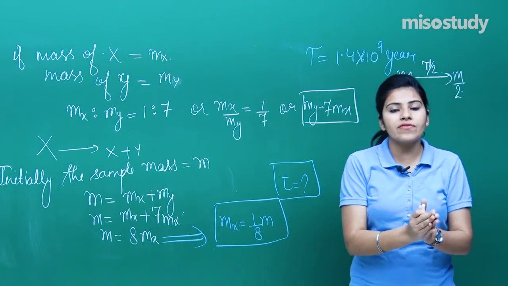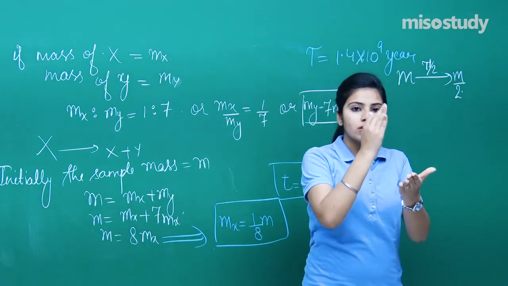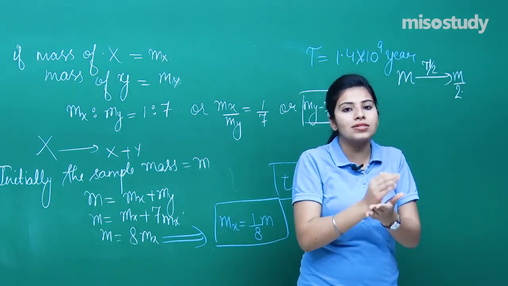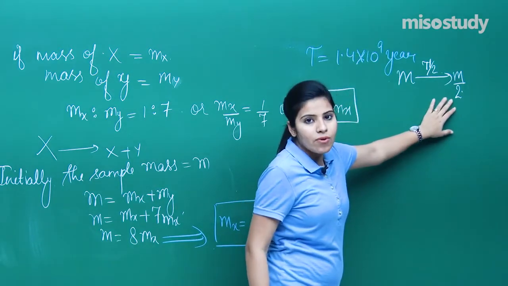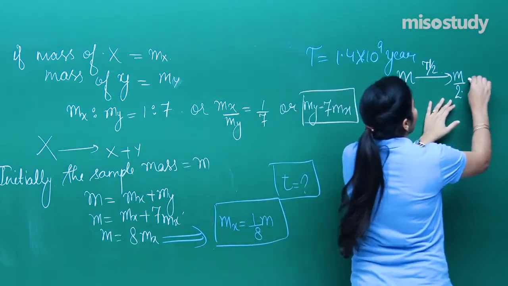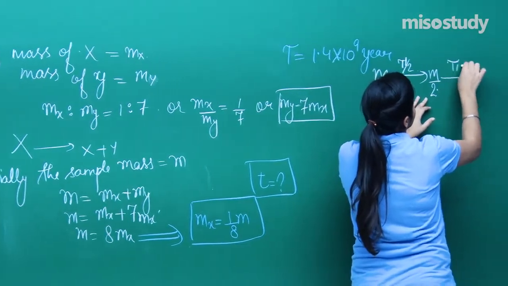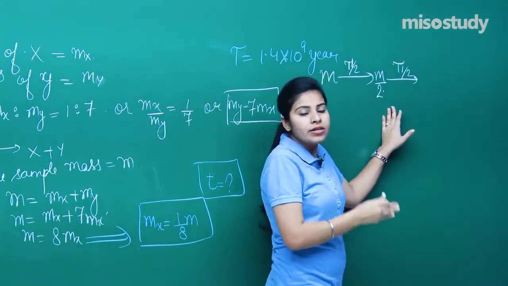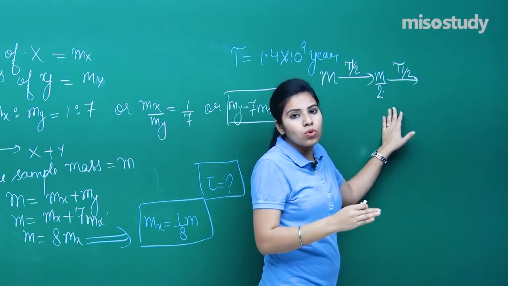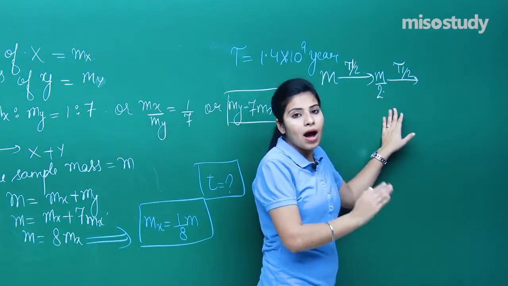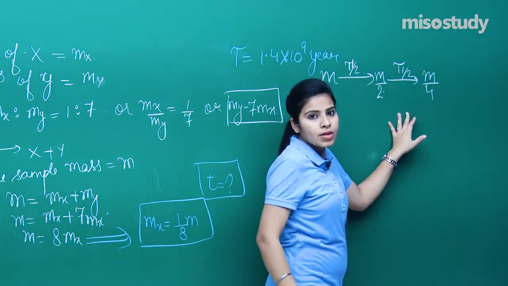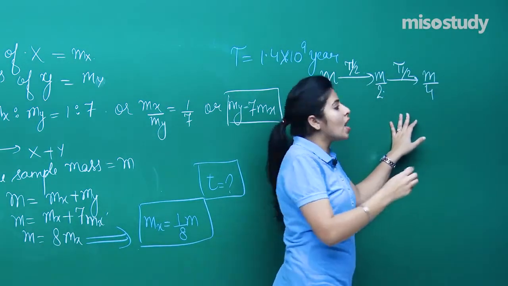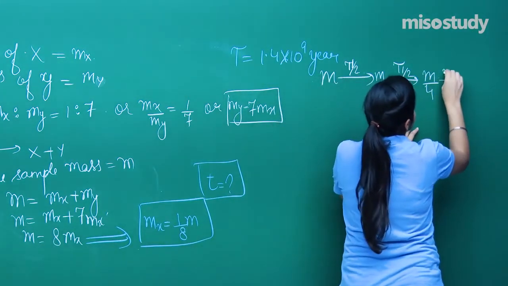Because after the half-life, the mass will be just the half of the mass that was initially present. So that means M will be M by 2. Now again after the second half-life, it will be again reduced by the factor of 2. That means it will again become half. So that will be M by 4. Now after one more half-life, what will happen?